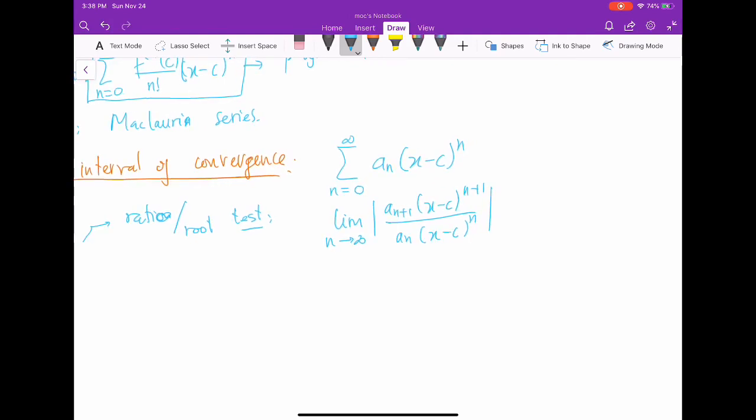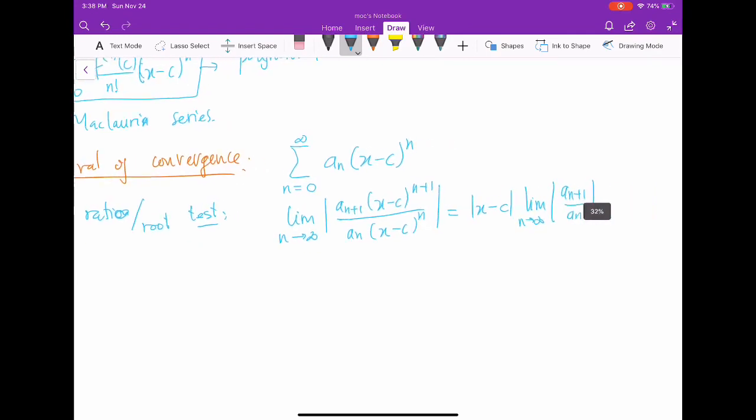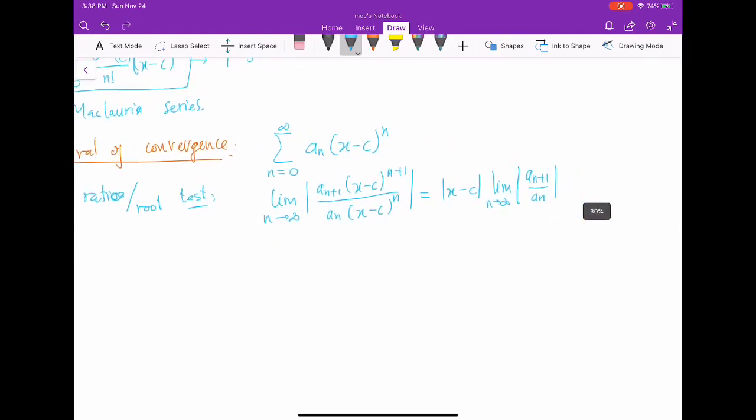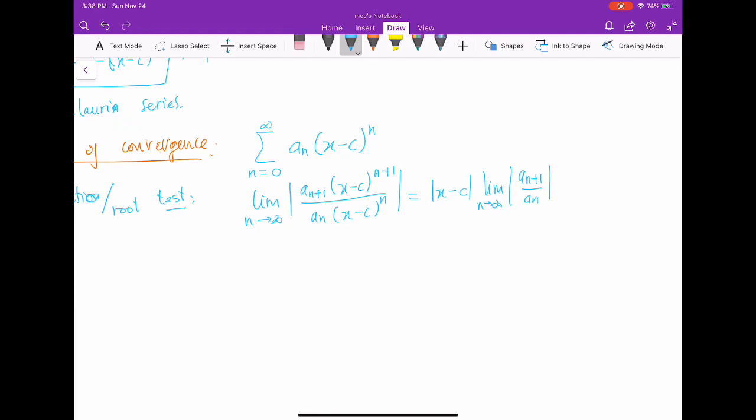Let me write in here. That is, the absolute value of x minus c times the limit of the absolute value of a_(n+1) over a_n, if you use the ratio test. Or if you use the root test, you have to consider the limit of the n-th root of the absolute value of a_n (x minus c) to the n, as n goes to infinity.